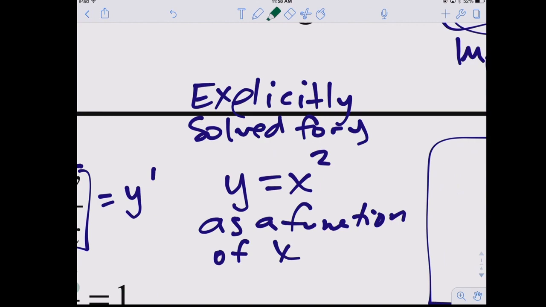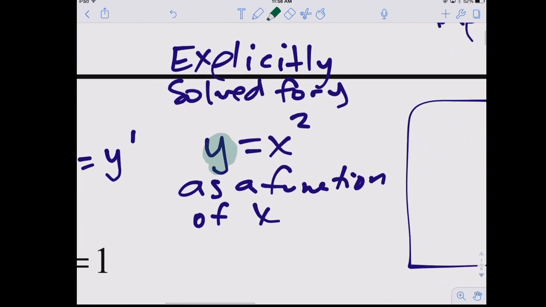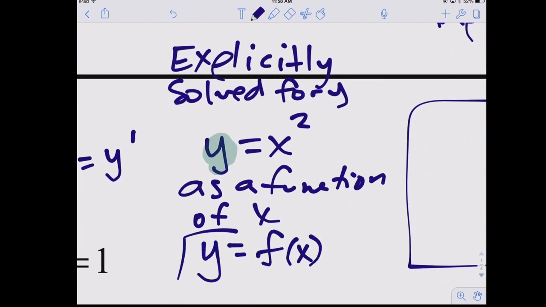There is a y on one side and nothing but numbers and operational symbols and x's on the other side. There's no y's over there. So it would be something like this in general. If you can solve for y as a function of x, that is explicit. And those are the ones we've been working with this whole time.